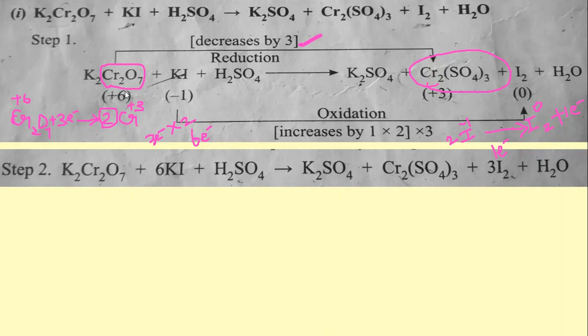So now this potassium dichromate will have 6, that should be cross multiplied with this KI, and for this KI we get only 1. That 1 we have to cross multiply with this potassium dichromate. So which means we get 1 K2Cr2O7 with that 6 KI plus H2SO4. Remaining we have to write as such.